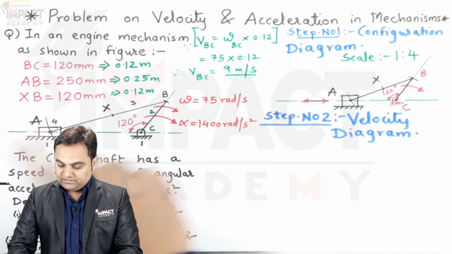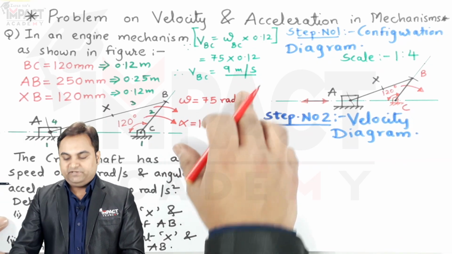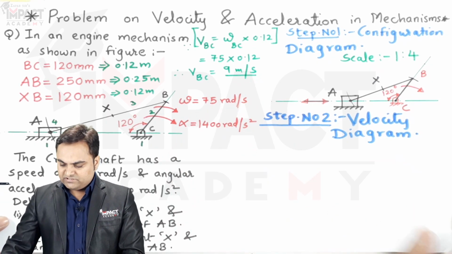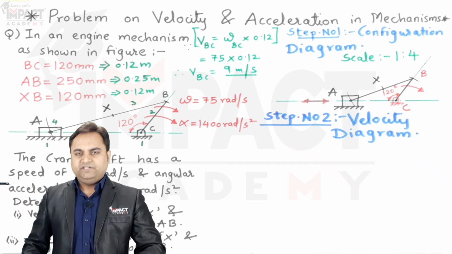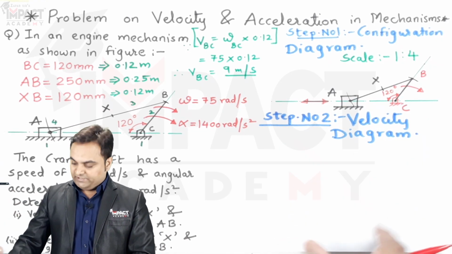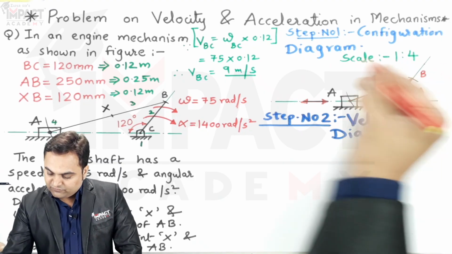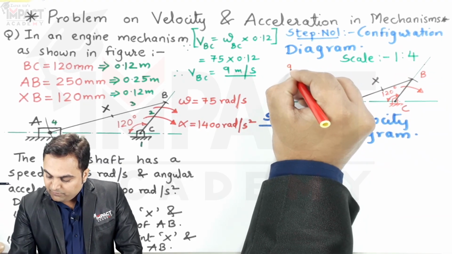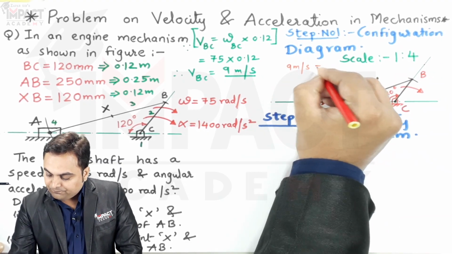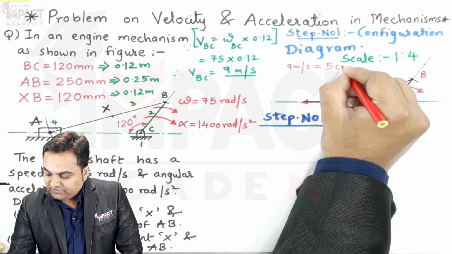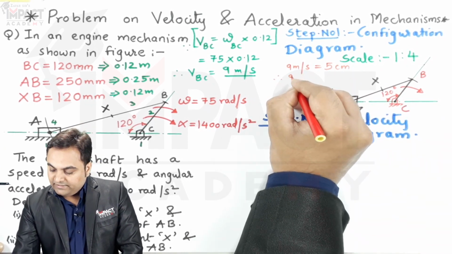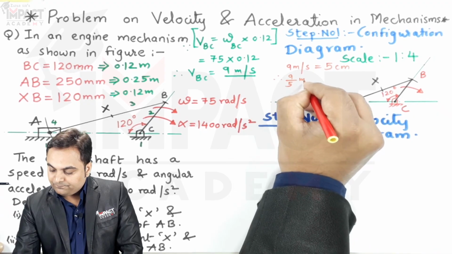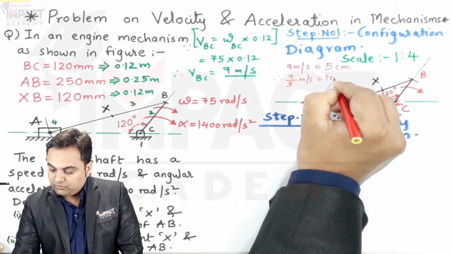So how to select the scale, that also I am explaining here. Since the velocity is 9 meter per second, I'll try to fit this 9 meter per second in approximately 5 or 6 centimeters so that the diagram is proportionate and it is visible. Just for an example, I would be fitting 9 meter per second in 5 centimeter distance. So 9 divided by 5 meter per second is equal to 1 centimeter.